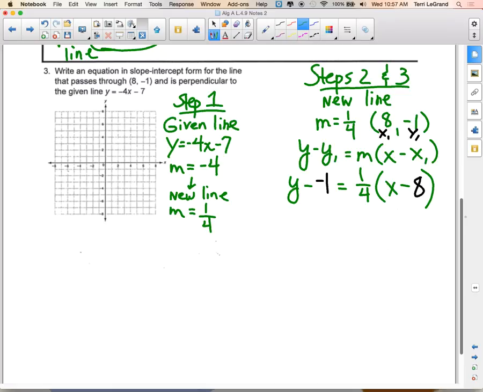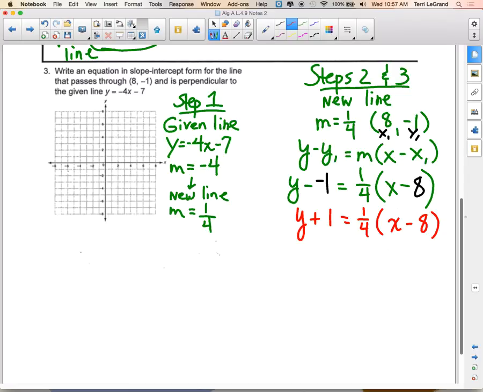Does this need cleaning up? Yes. Let's clean it up. So we have y plus 1 and x minus 8.